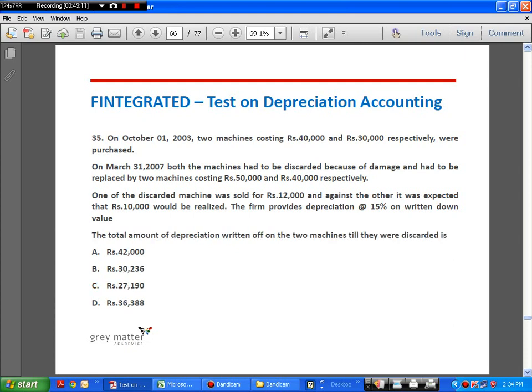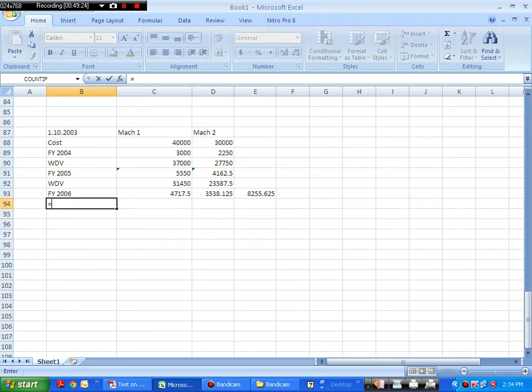Continuing the same problem, it says, what is the total amount of depreciation written off on the two machines till they were discarded? Okay, they are discarded on 31st March 2007, so we need to depreciate it for another year. So the WDV becomes this.